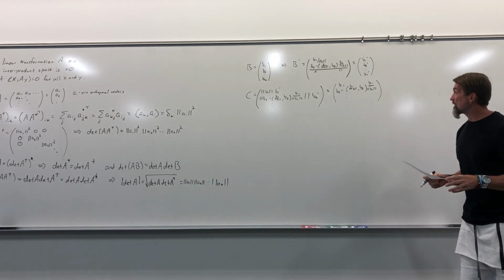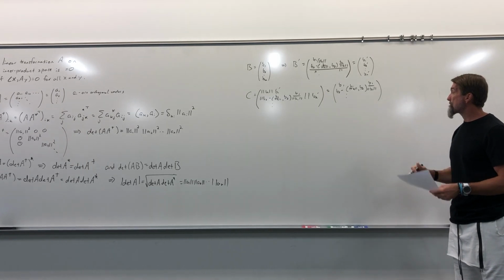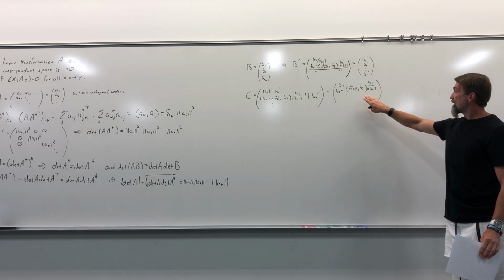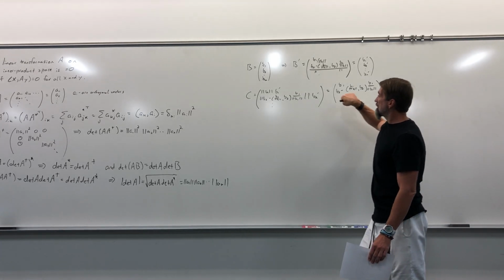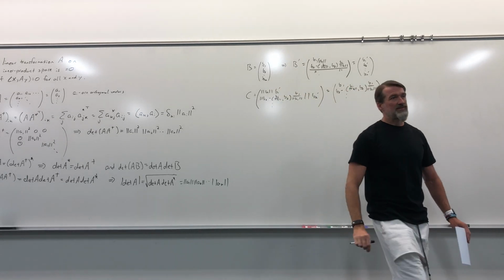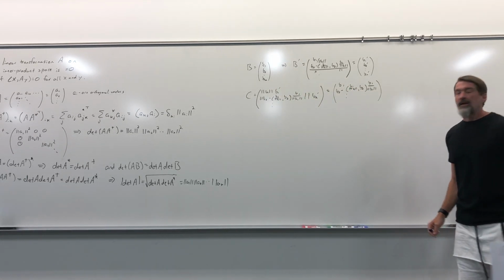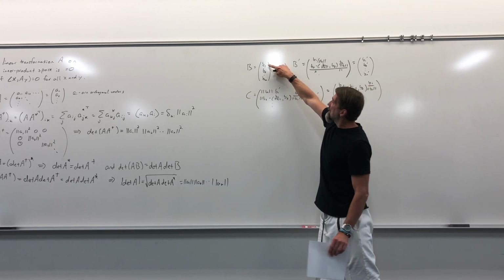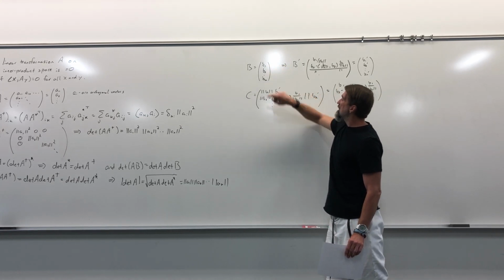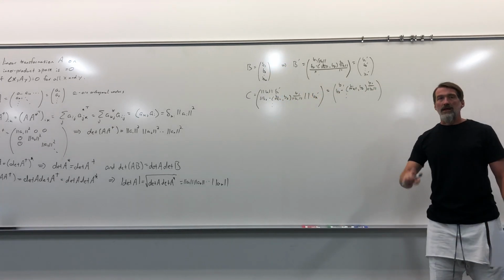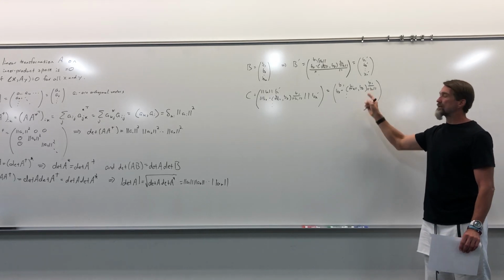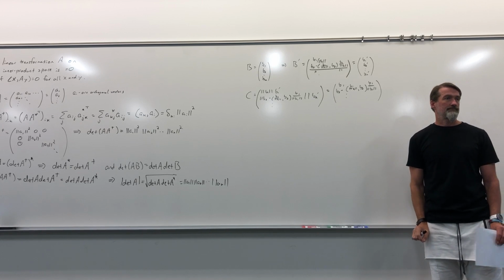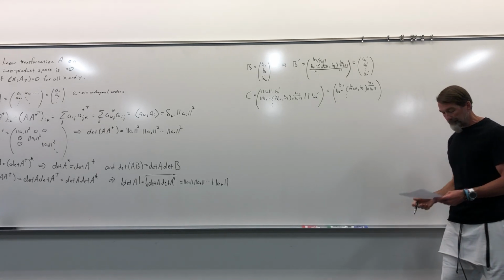All right, here we go. C is related to the original matrix by simply taking the elements of the original matrix and, one row at a time, subtracting something from it.